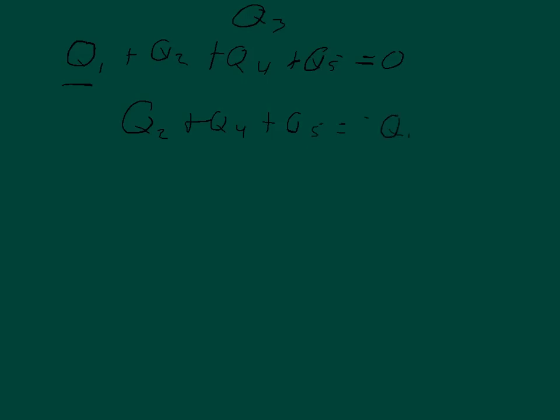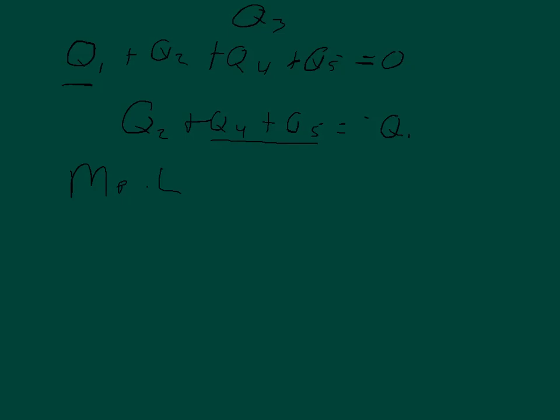Now, Q2, again, it's a phase change. So Q2 is the mass of the phase change times the latent heat, so mL. And if we know that we have ice, we know that the final temperature is 0.